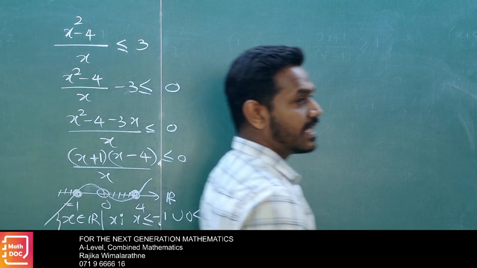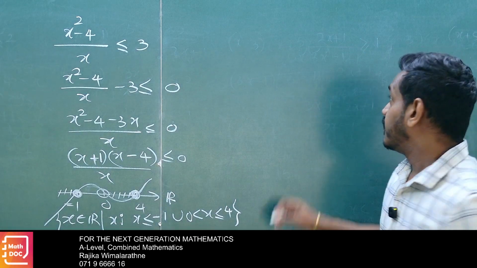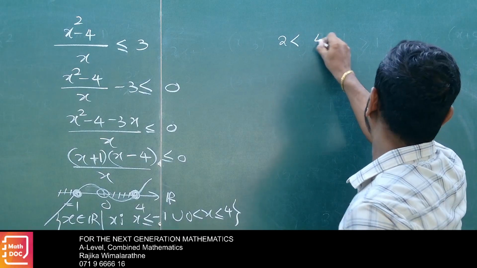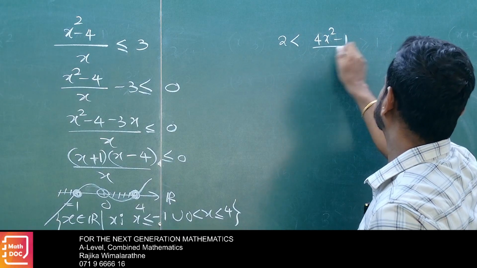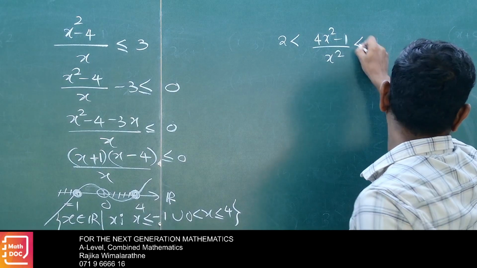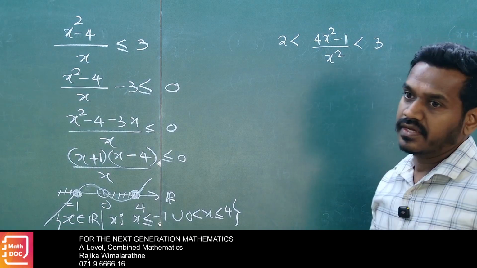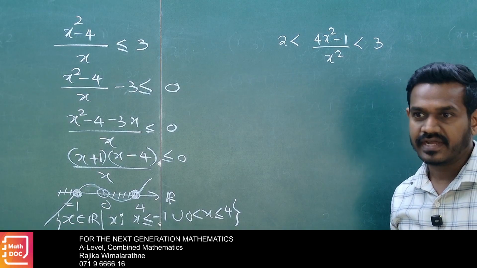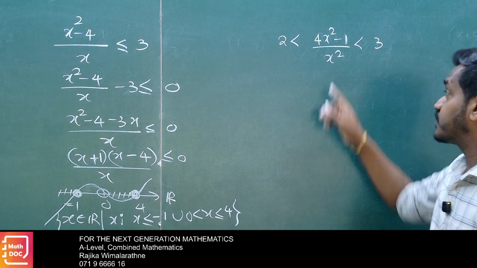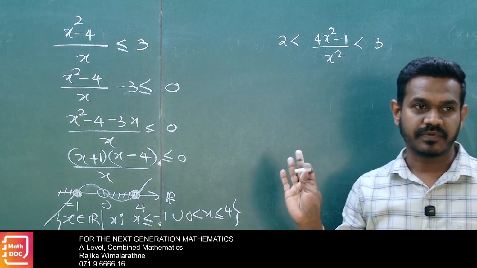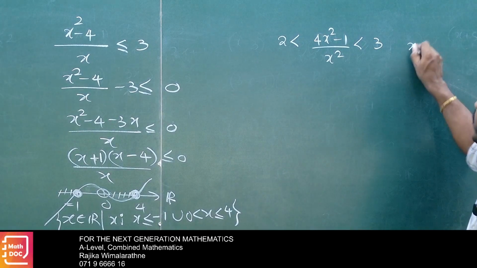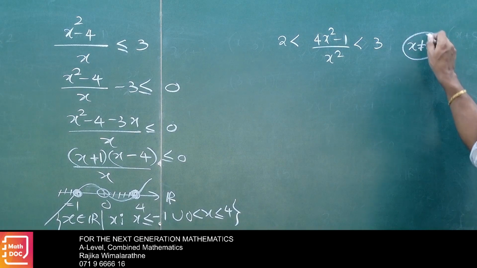Then the 10th one, given 2 less than (4x squared minus 1)/x squared less than 3. Now this is a double inequality. We have done this before. x squared is surely positive and can be 0. You take x not equal to 0 first, remember it.